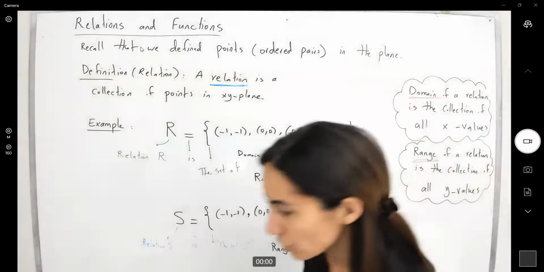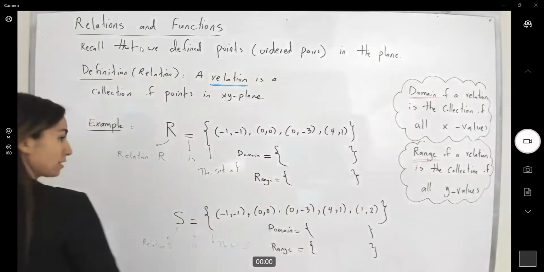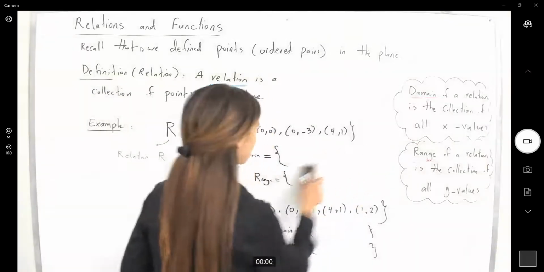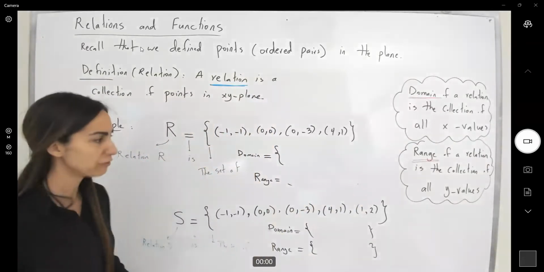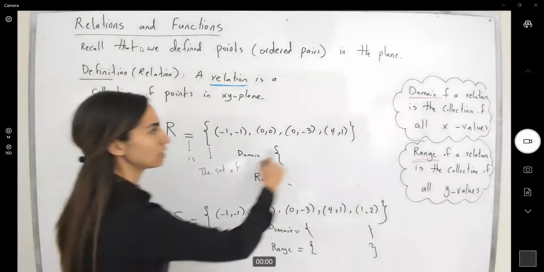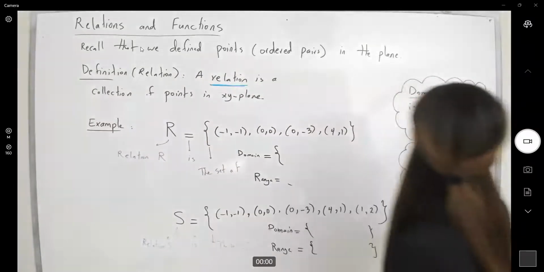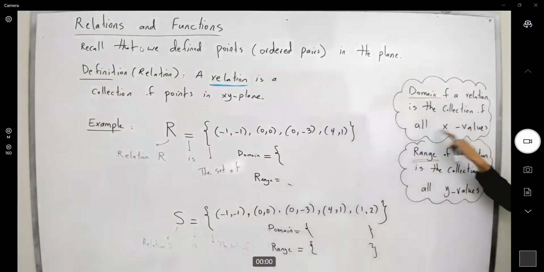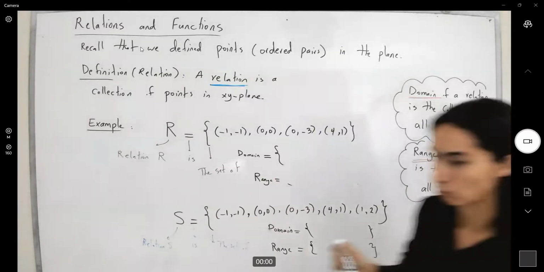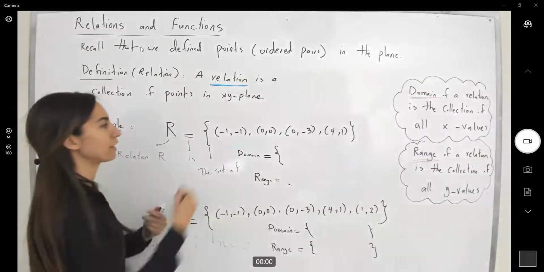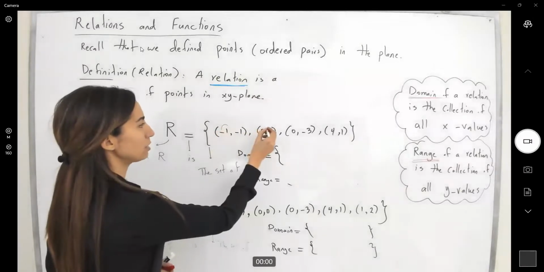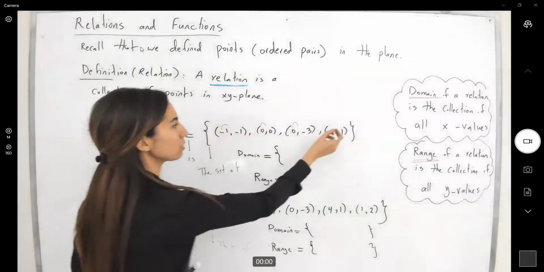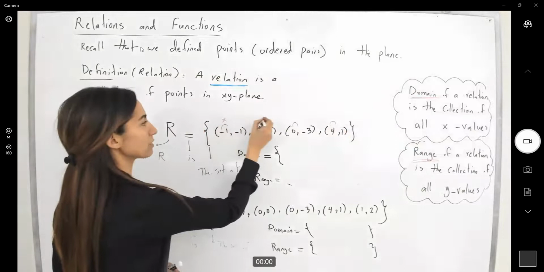So suppose we want to list the domain and the range of these two relations. For the very first relation, the definition of domain is the collection of all x values. My x values are -1, 0, 0, and 4.